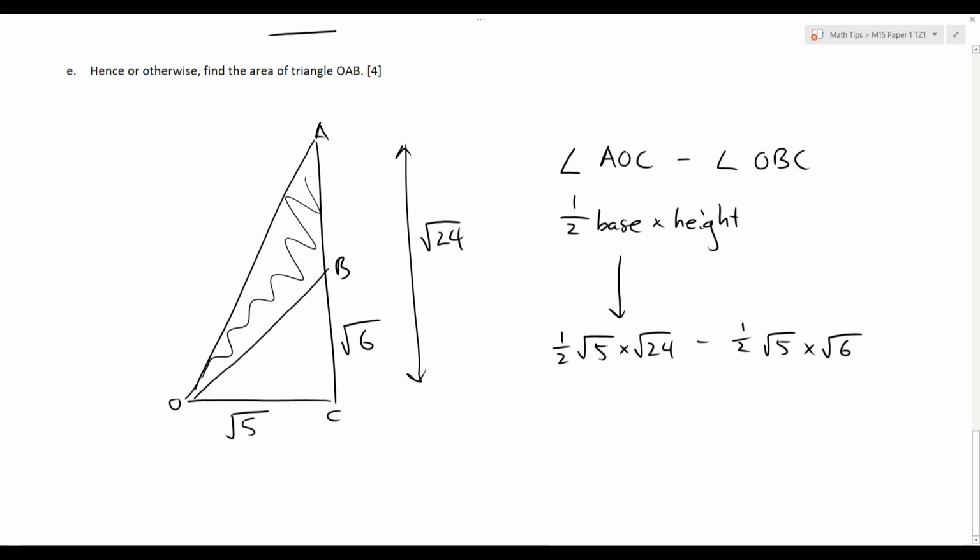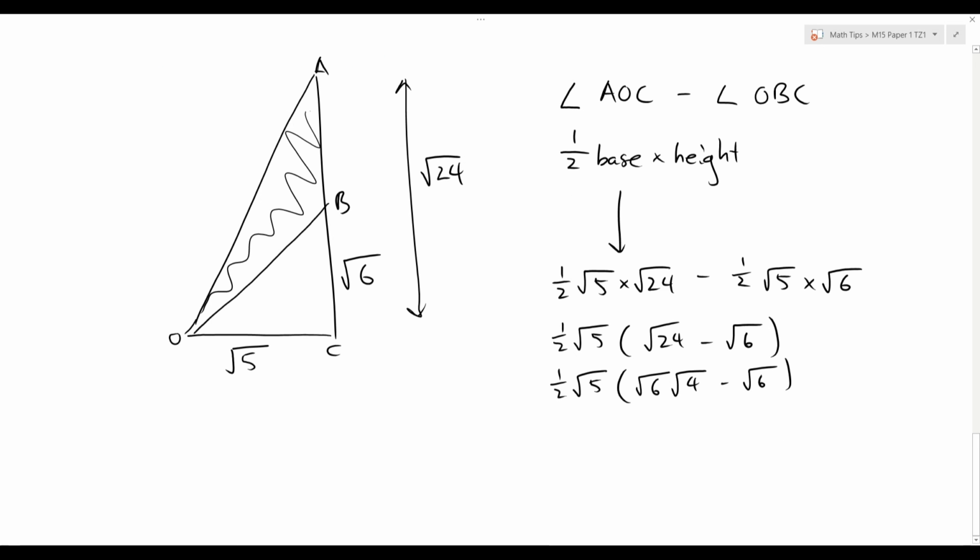Alright, so now let's get this going. This one looks slightly nasty here. What I'm going to do is half root 5, root 24 minus root 6. Root 5 times, so this could be written as times 4 minus root 6. Alright, so then what do I do next?